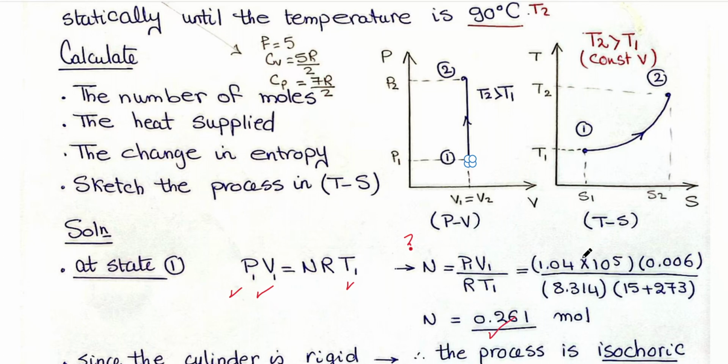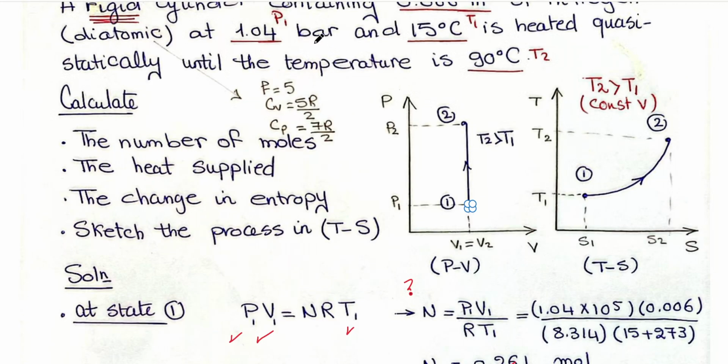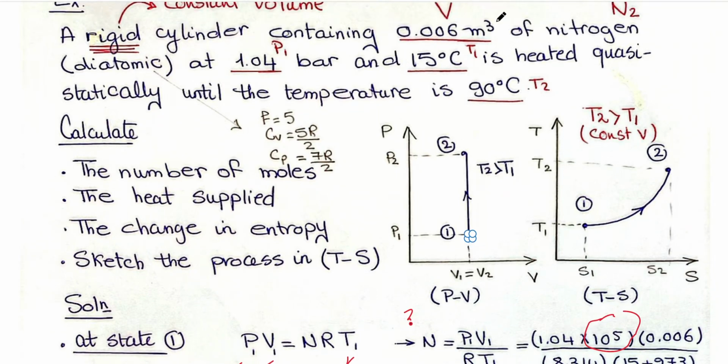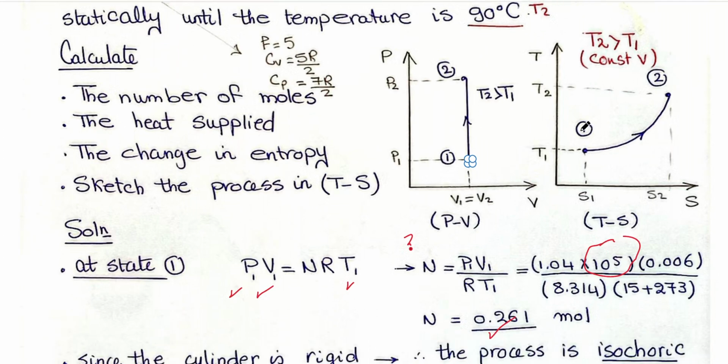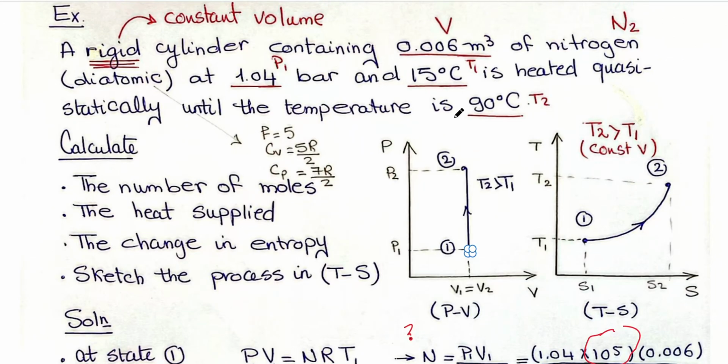And again, this pressure is given in bars, so I will multiply by 10 to the power 5. The volume here is given in cubic meters, so I will not multiply by any conversion factor. R is always given in the exams, 8.314, the universal gas constant. Now to substitute the temperature, T1 is 15 degrees.